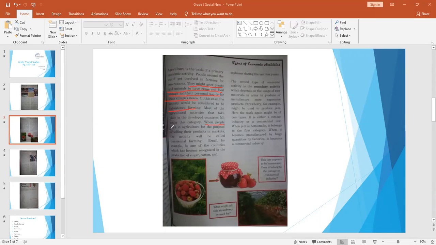When people work in agriculture for the purpose of selling their products in markets, the activity will be called commercial farming. So there's a difference. Subsistence farming is when people grow their own crops for personal use, and commercial farming is when people work in agriculture or farming for the purpose of selling their products in the markets for a profit.